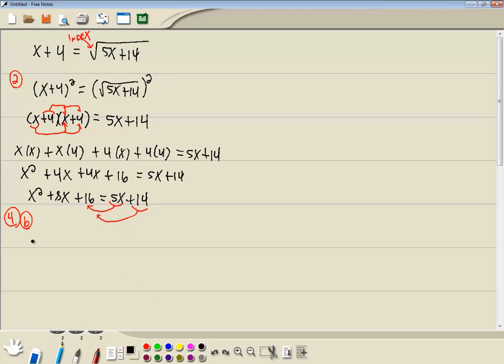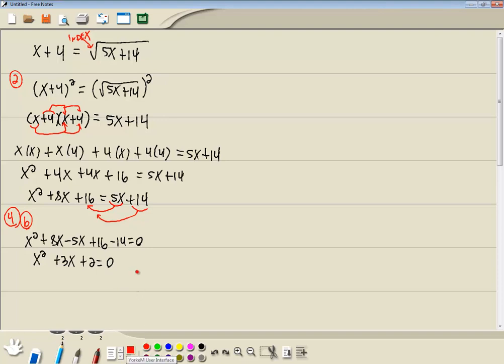Remember, when you move anything across the equals, your sign changes. So we've got x squared plus 8x minus 5x plus 16 minus 14 equal to 0. Anytime you take anything across the equals, your sign changes. 8x minus 5x is 3x. 16 minus 14 is 2, equal to 0.